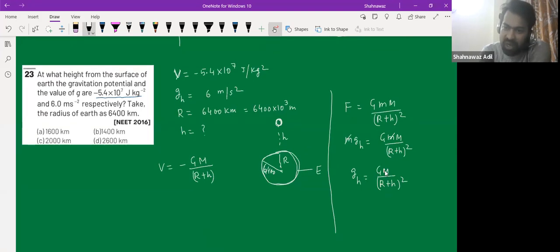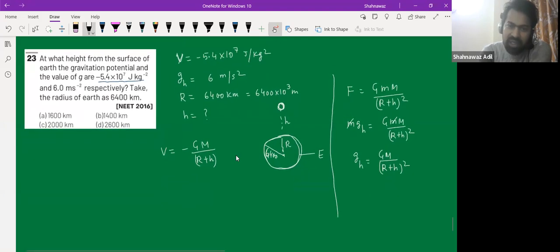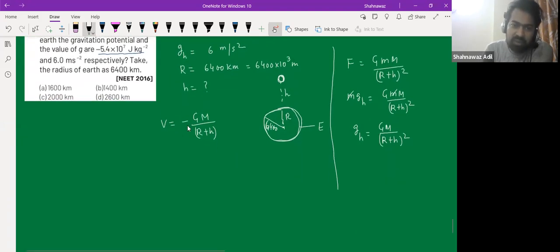We can put the value of GM from here. Let us write this potential in a positive way, so let's take that this is positive. So this is GM by (R + h). And remember, we have to calculate this h.